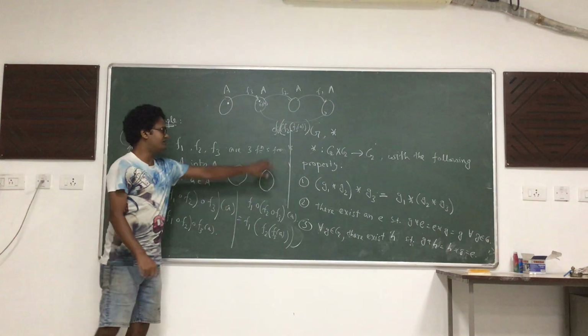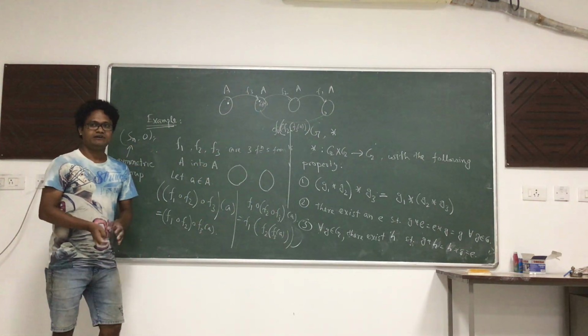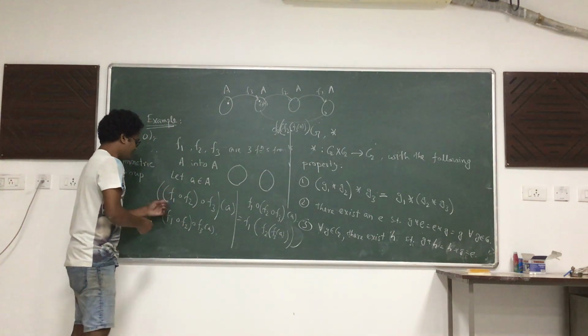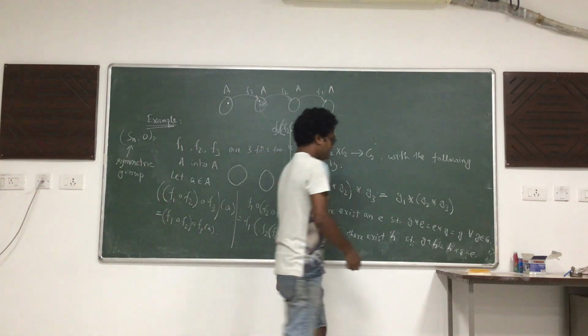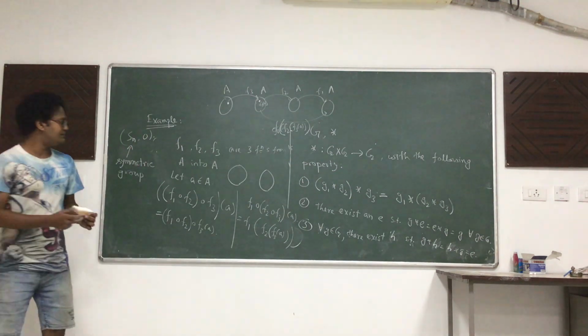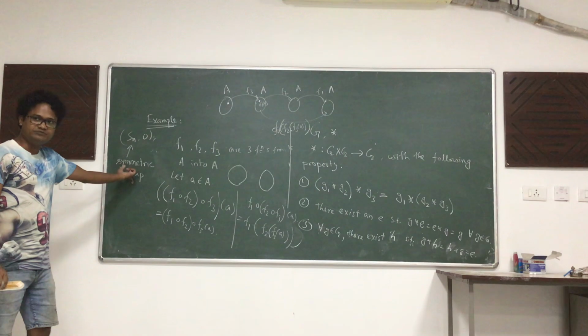And then the two are the same. Thinking-wise it's a little bit difficult, but if you put the definitions in, you will get the result directly. So this is the symmetric group of n objects.